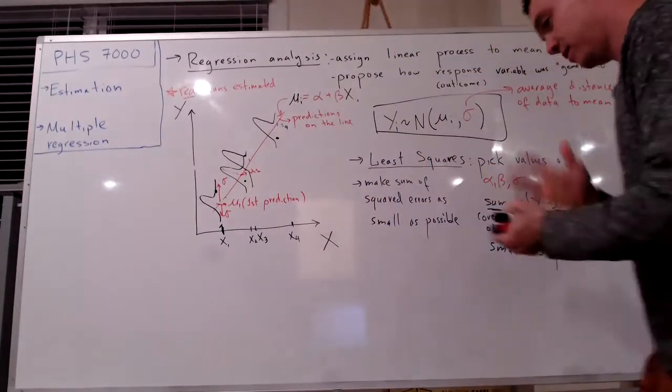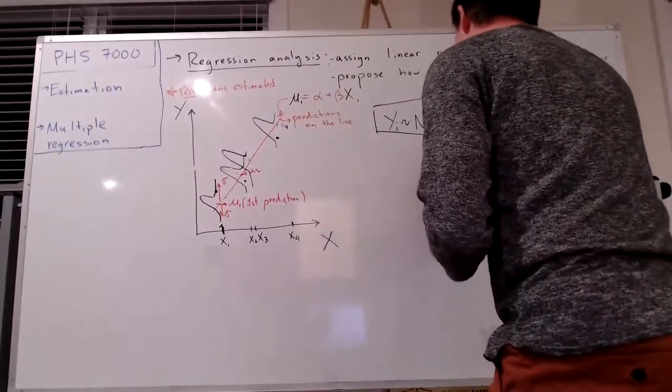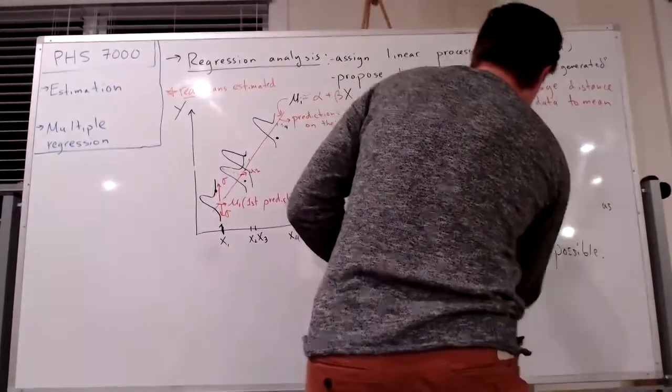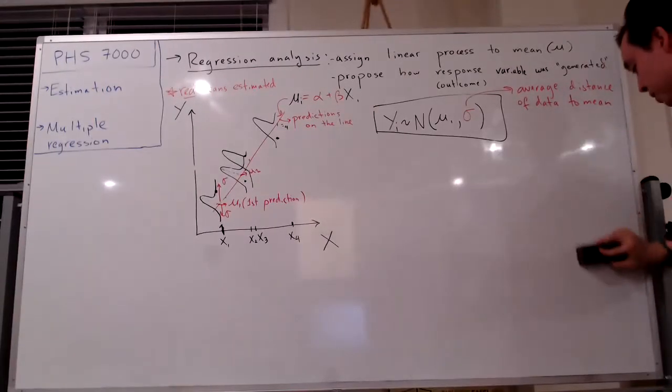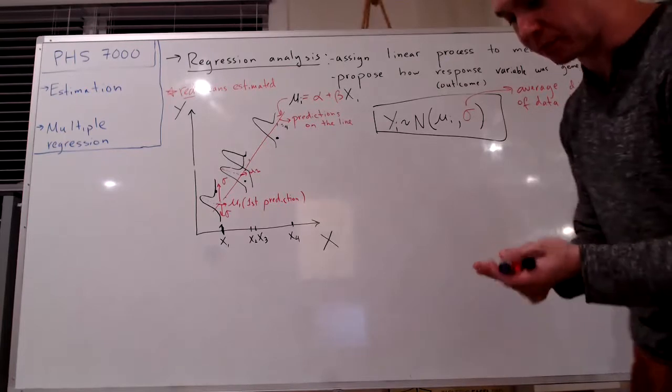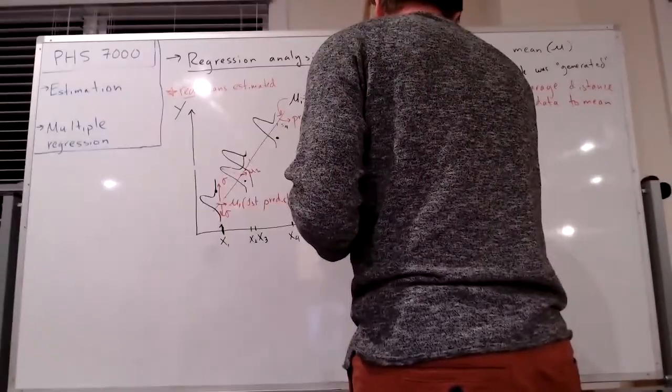So the next estimation method pays very close attention to the distribution from which our outcome variable comes from. And it's actually called maximum likelihood.